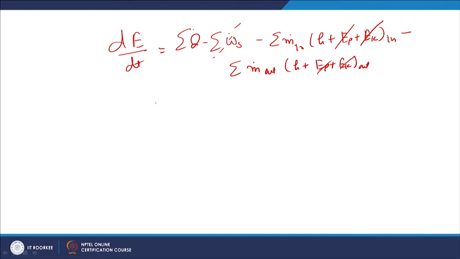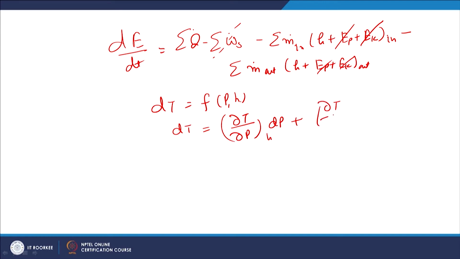So if we take that dT is a function of P and H, then we can take the partial derivative like this: dT is equal to (del T over del P) at constant H dP plus (del T over del H) at constant P dH. Now define the Joule-Thomson coefficient.